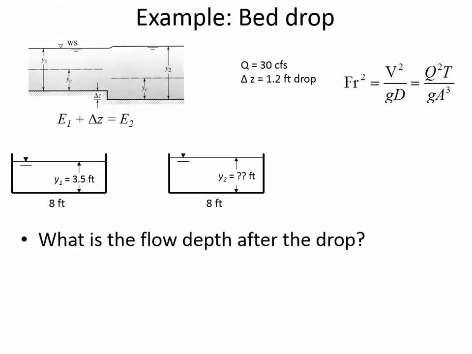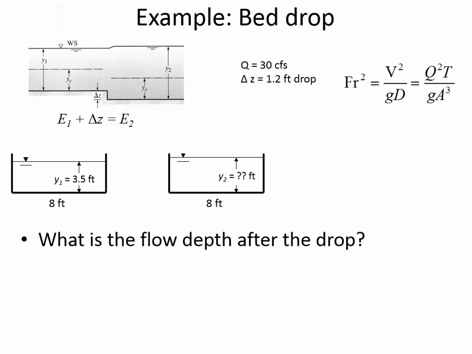Okay, so it is 3.5 feet, which was the depth at 1, plus 1.071 feet per second squared, divided by 2g, which is 32.2 feet per second squared, is equal to Y2 plus 30 cubic feet per second, squared, divided by 2g A squared.